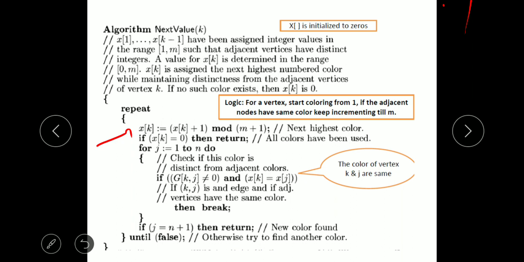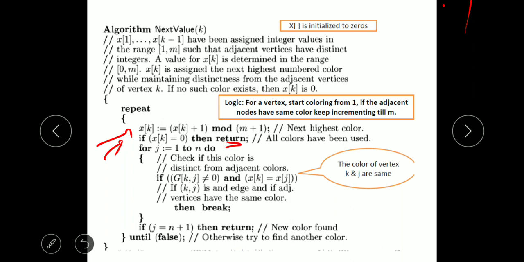That is, you always try to find the next highest color that can be assigned to the vertex k. And while you do this, if x of k becomes 0, then it means that all colors have been used and it is not giving you a legal color. Then it simply makes a call to return.